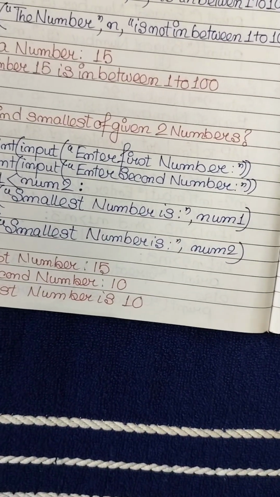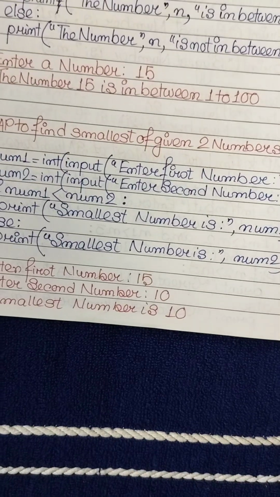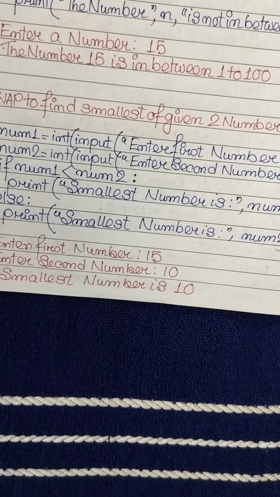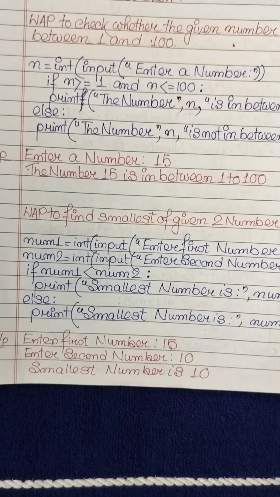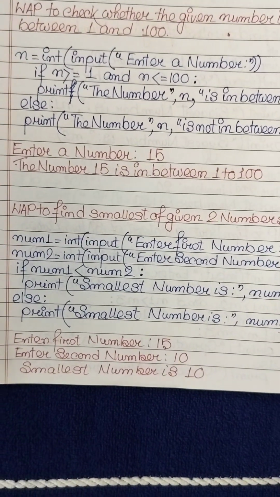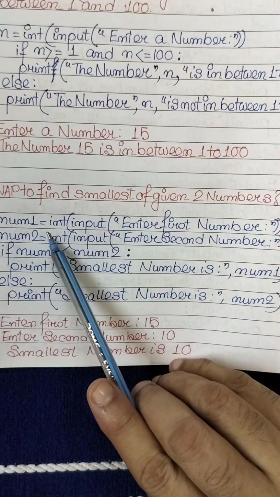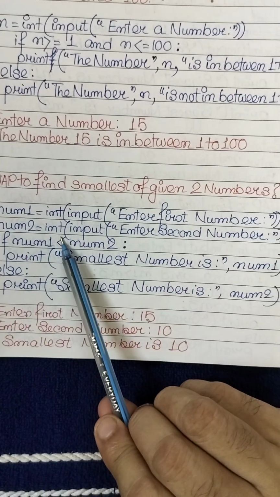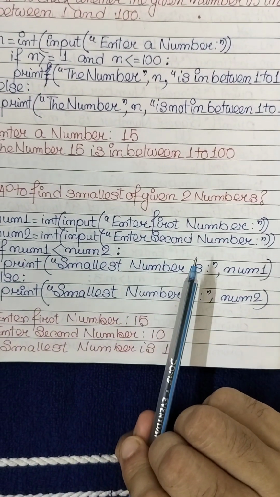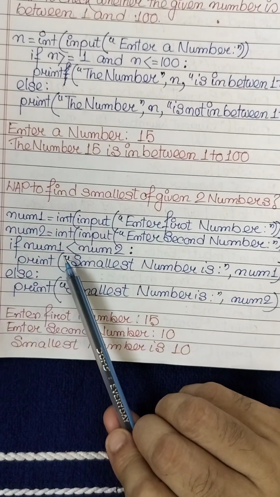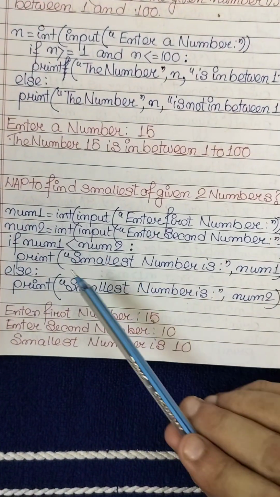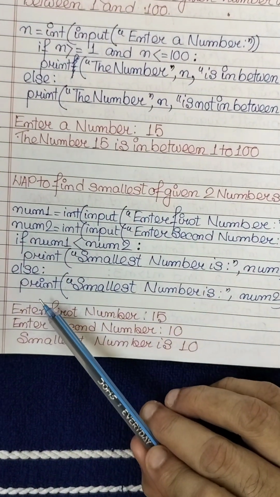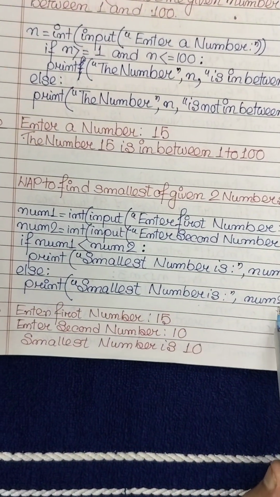Our last program is to write a program to find the smallest of two numbers. In num1 we take int(input("Enter first number")), and num2 = int(input("Enter second number")). If num1 is less than num2, then print smallest number is num1, else print smallest number is num2.